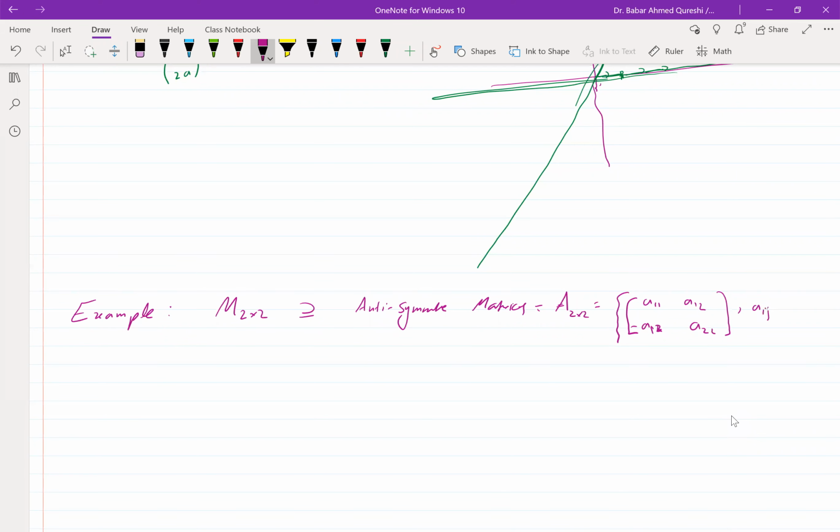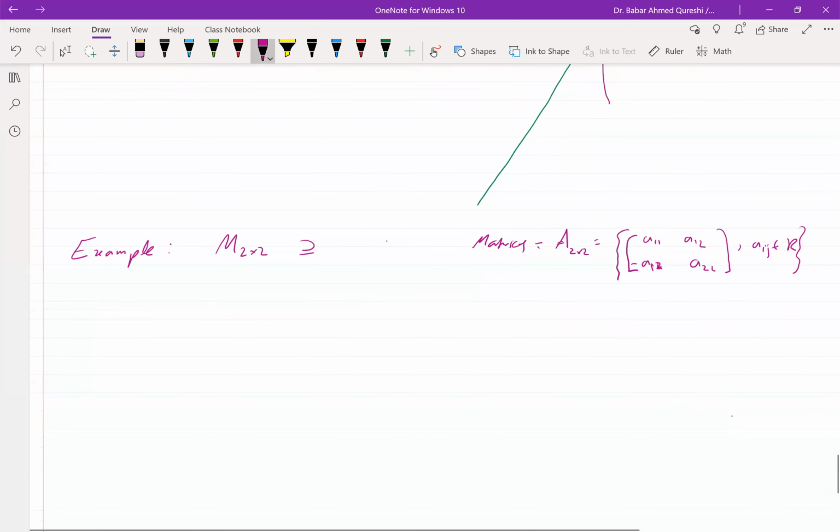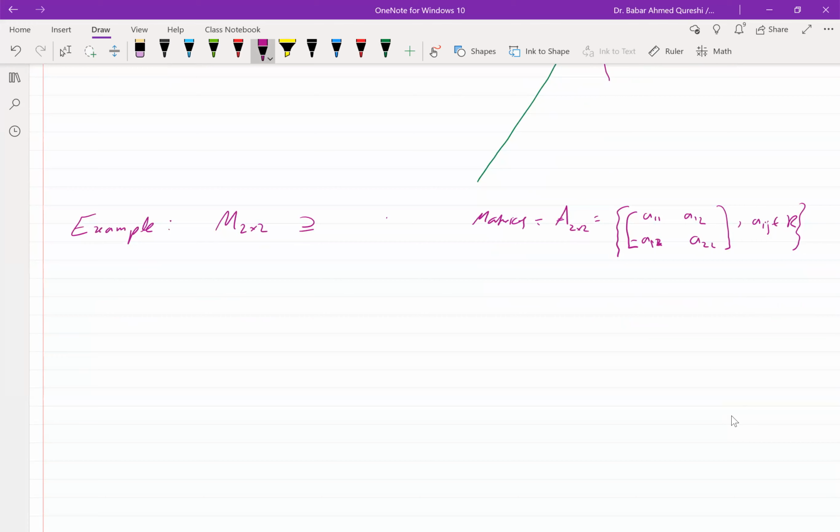These Aij belong to R. Well, let's not call them anti-symmetric, they are not really. It just has this property that on the diagonal you have some numbers, and off diagonal a12 is equal to minus a12. This number is minus of that.